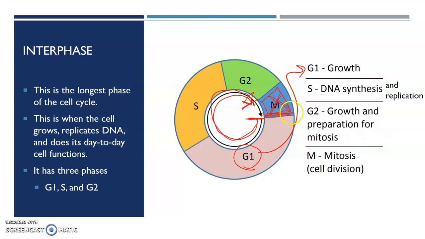So usually cells are coming right out of cytokinesis before they enter G1, right? Well, when it comes out of cytokinesis, it's a small little cell. It's only big enough to be a cell, but it's not big enough to do most of its functions. So in G1, the first G is for growth, the first growth phase, it's going to get bigger.